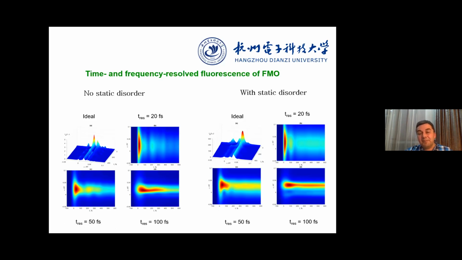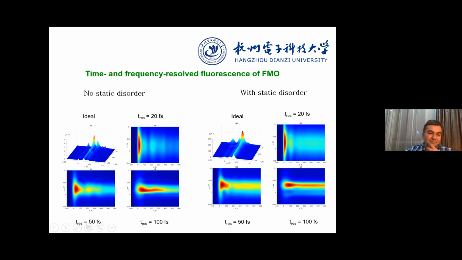And the left panels are simulations of these signals without static disorder. We just take standard parameters for the excitonic Hamiltonian and calculate the signals. And these signals are with static disorder.